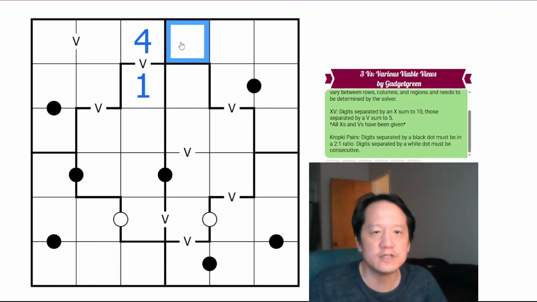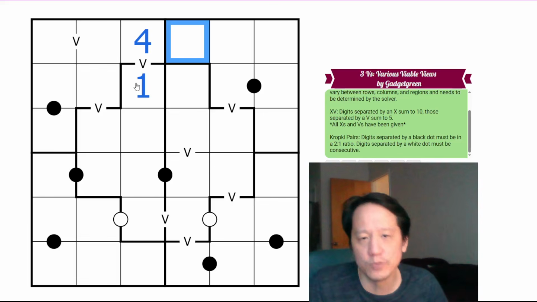So there's no V's here, there's no X's here. So if this was 4, that means no 1 or 6 could be in these cells. And that's how X's and V's with the negative constraint work.